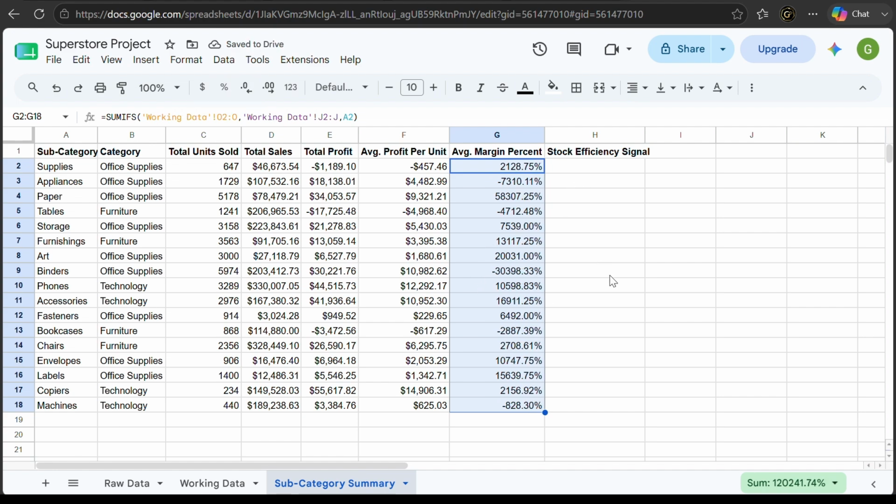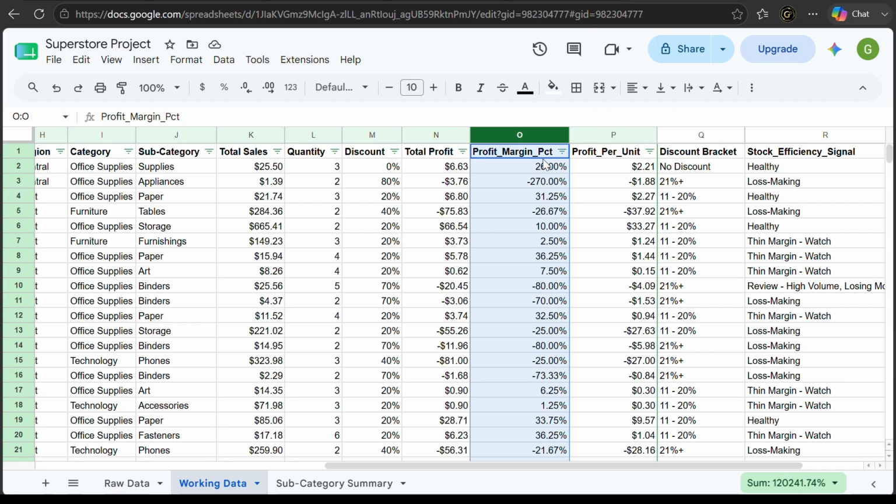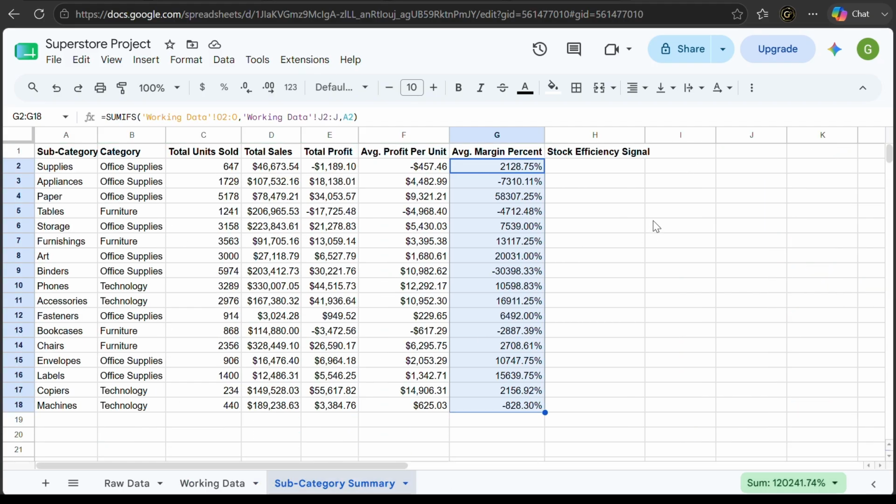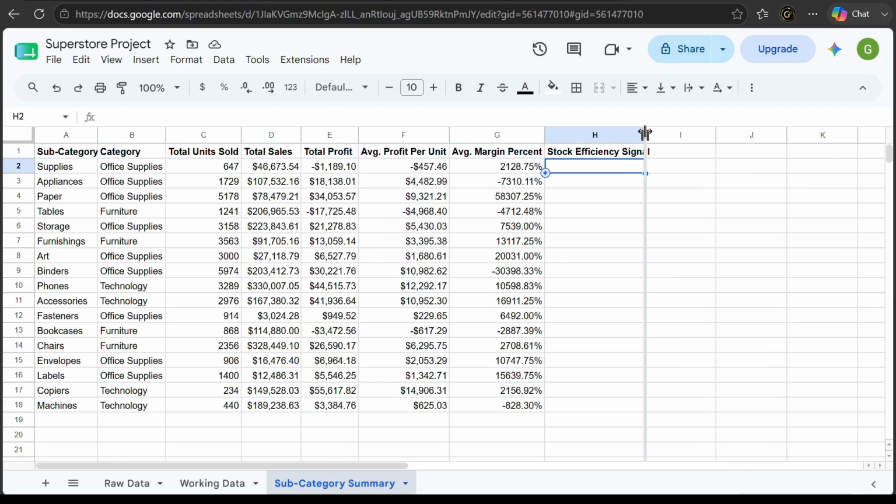So you can see 12,241.74%, the same thing that is here also. If I click on this, 12,247, so calculations are being performed properly.